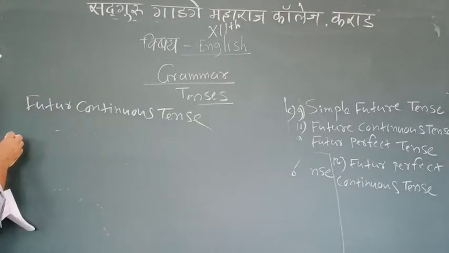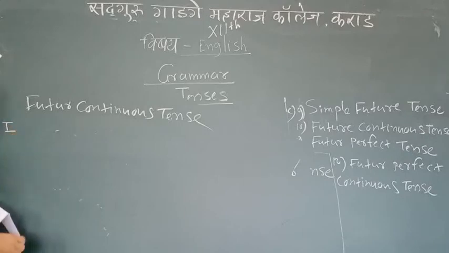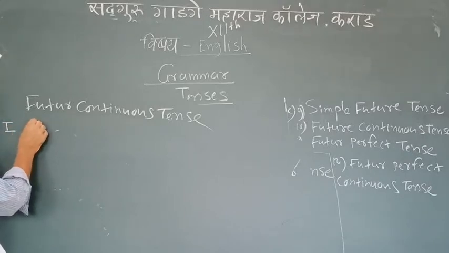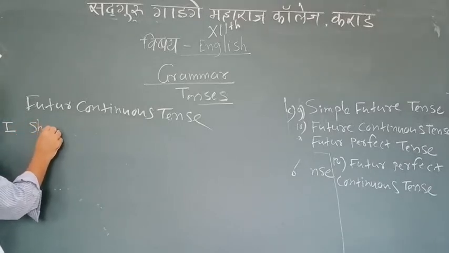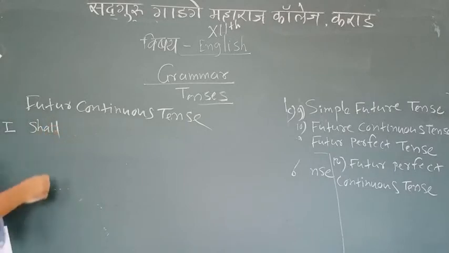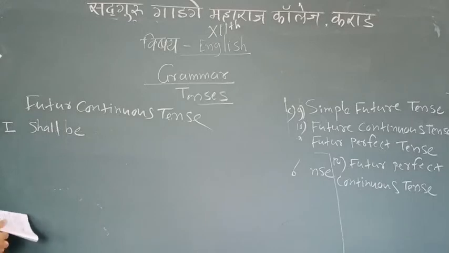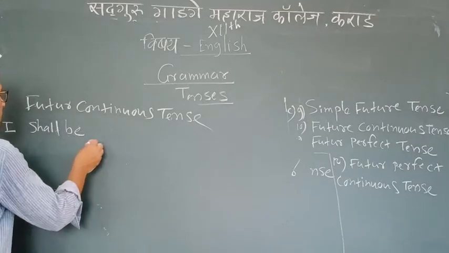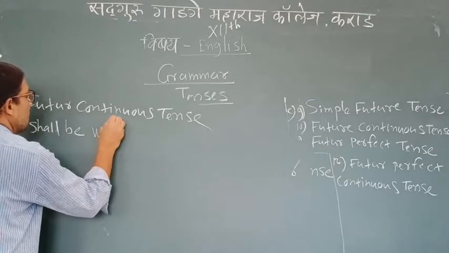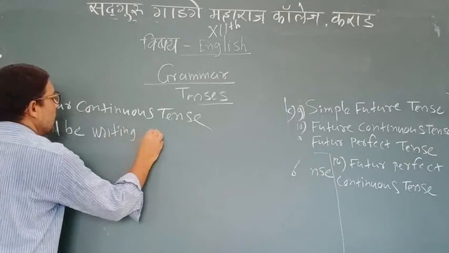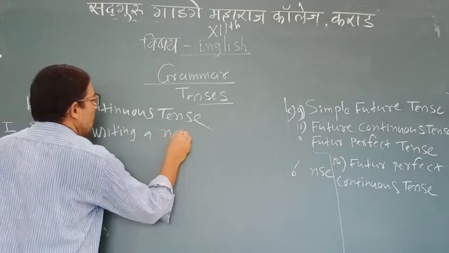Suppose you take the subject I, after I you have to write shall only, and you have to be in the continuous tense. Shall be writing a novel.